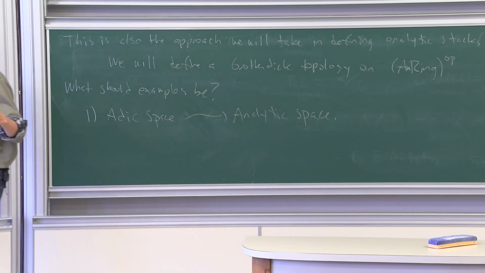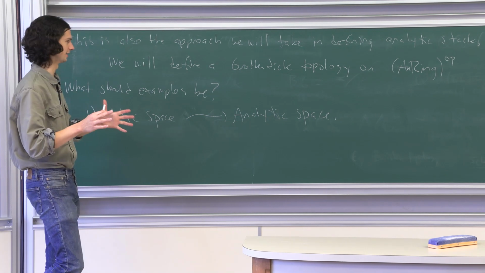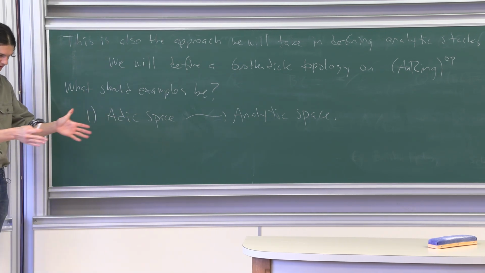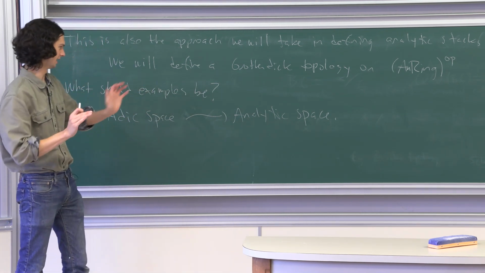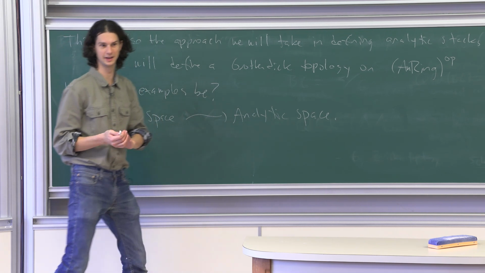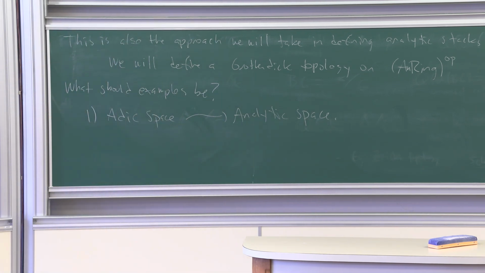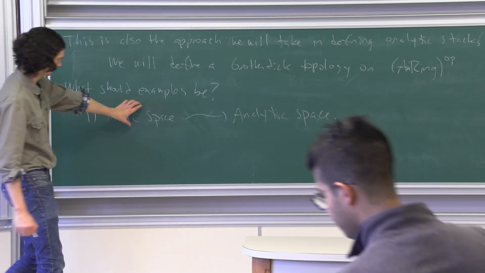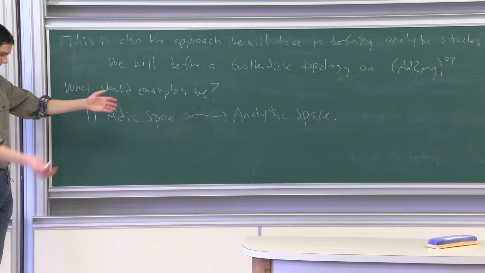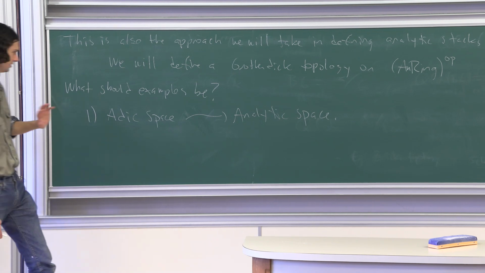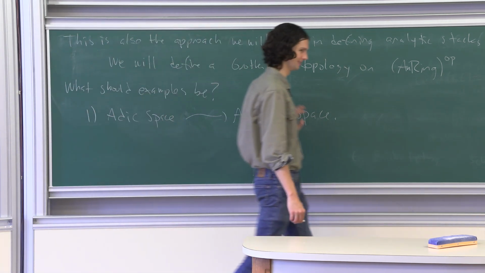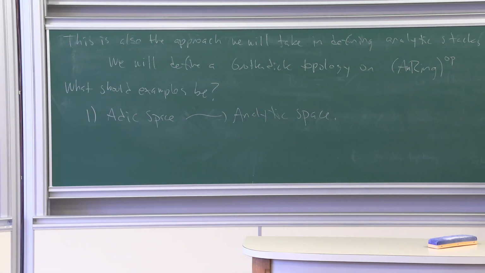We saw that at least you can localize the category of modules over that analytic ring along Huber's spectrum. But we didn't quite discuss how you can use that to glue these analytic rings together to get an analytic space. We certainly want the kind of gluing that shows up in Huber's theory, gluing along rational open subsets, to be allowed and to give you an analytic space.